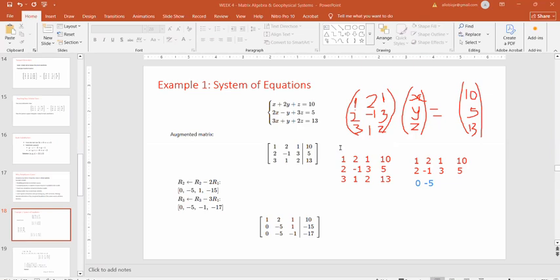So let me write it again. So 1 times 3 is 3. 3 times 2 is 6. 3, 30.